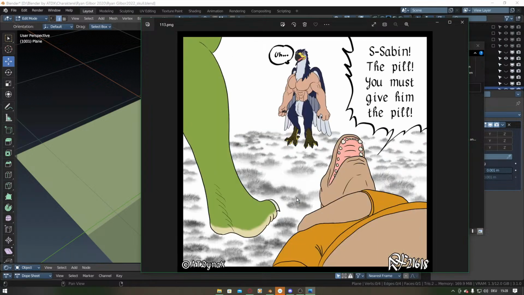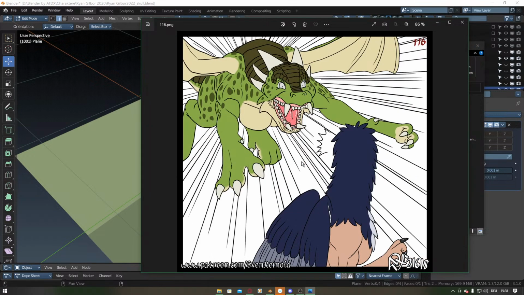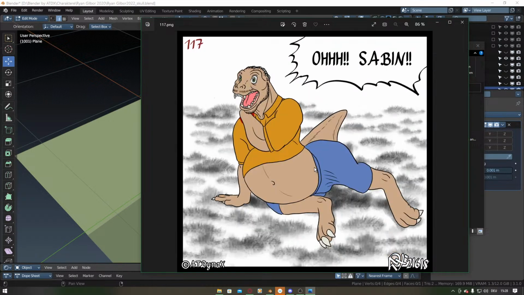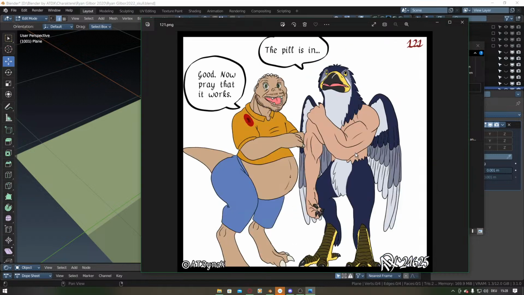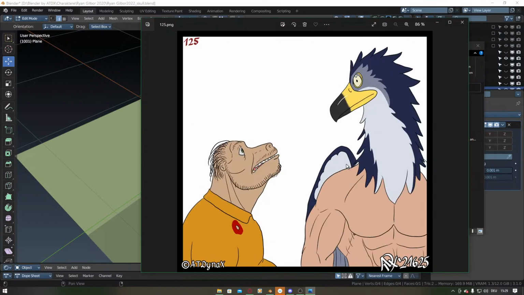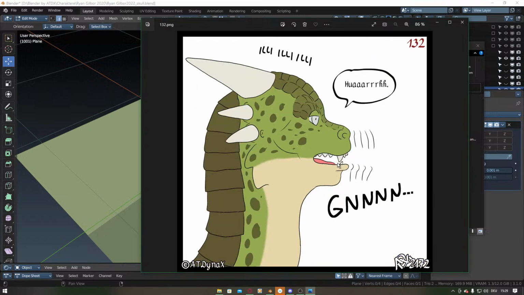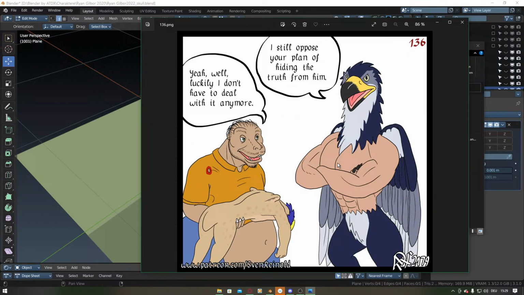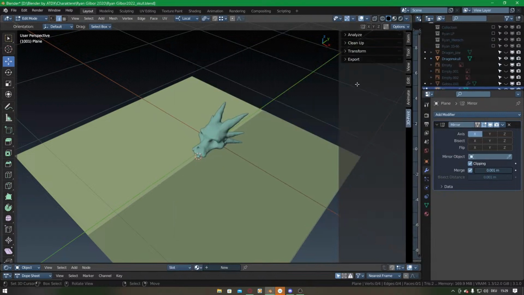And then he's going after Sabin. There are his teeth. And he hits too, but Sabin manages to get the pill in. And the wound is healing very quickly. And then he transforms back into a human. Yeah, that's only possible with puranium.